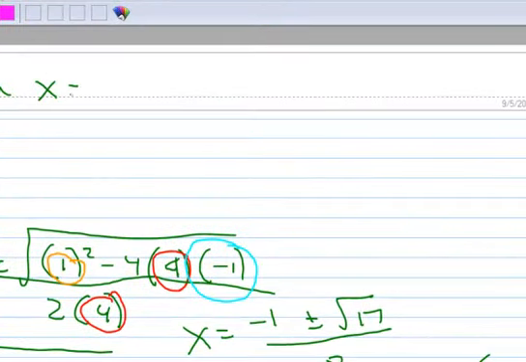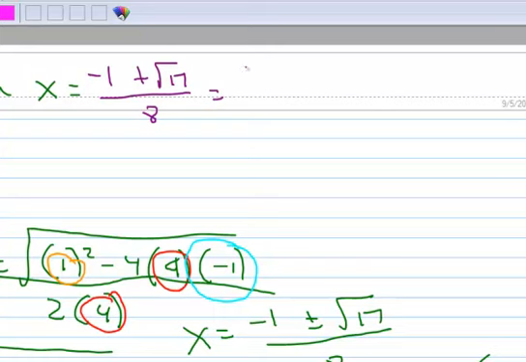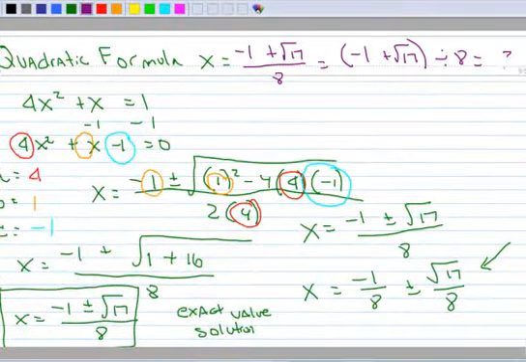This means x equals -1 plus the square root of 17 all over 8. So I want you to type this in your calculator, and don't forget, you've got to put the whole numerator in parentheses before you divide by 8, or you're not going to get the exact thing that I did. When I calculated this out, I ended up with 0.39. See if you get the same thing.